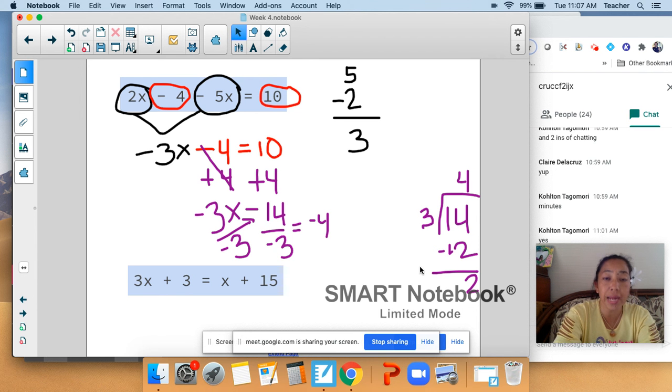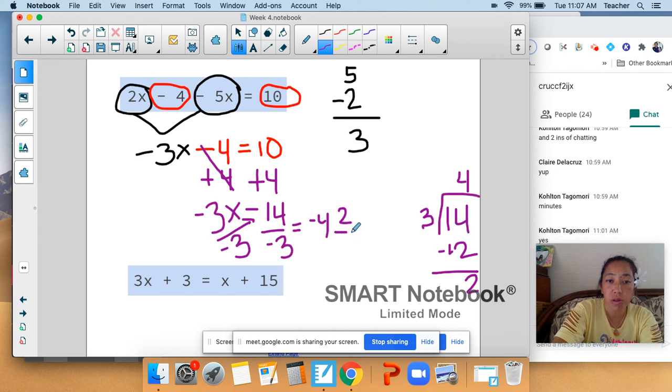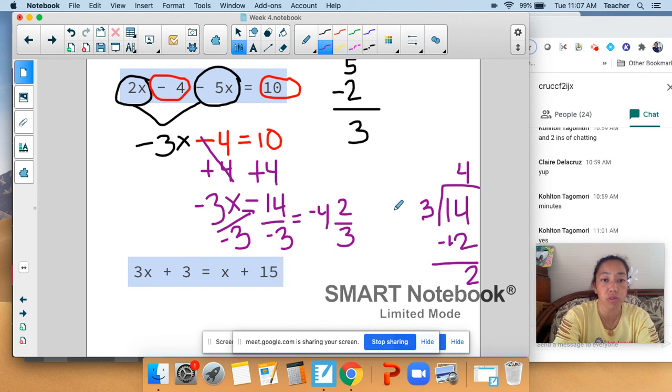And there's 2 remaining, and that's why we have a 2/3. So 14 over negative 3 is really a negative 4 and 2/3. So x is equal to negative 4 and 2/3.